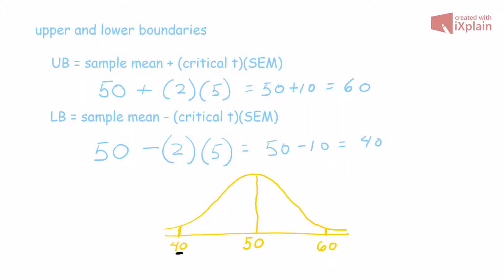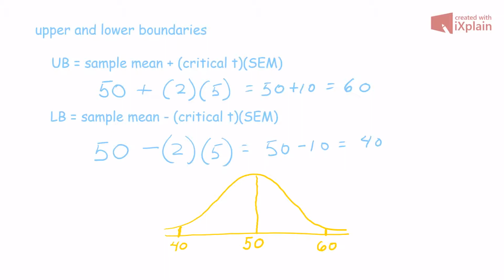So that makes it the most plausible value. 40 is considered a plausible value, but it's a lot less plausible than 50. 45, which would be right here, is considered to be more plausible than 40, but less plausible than 50.